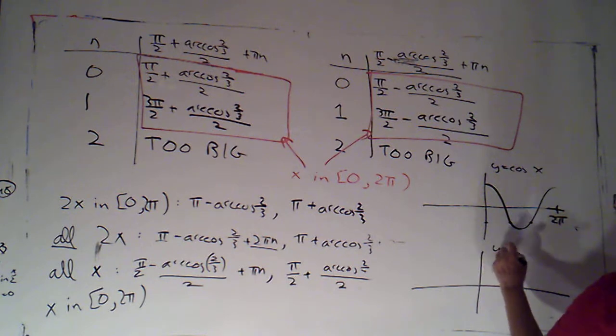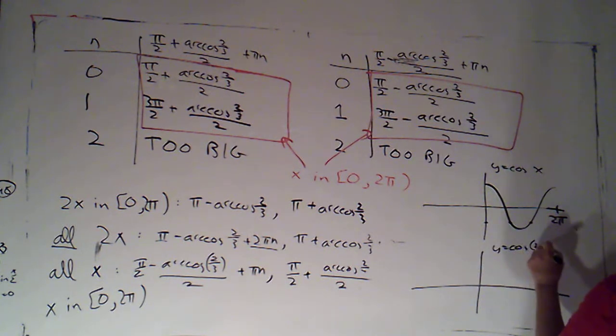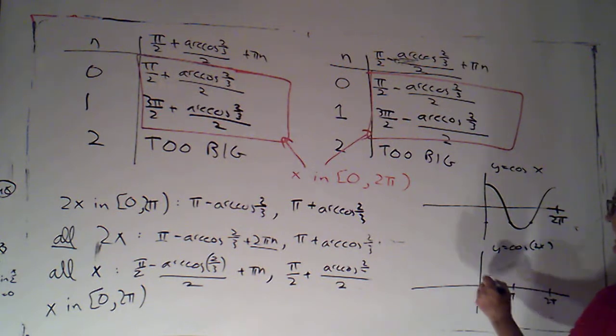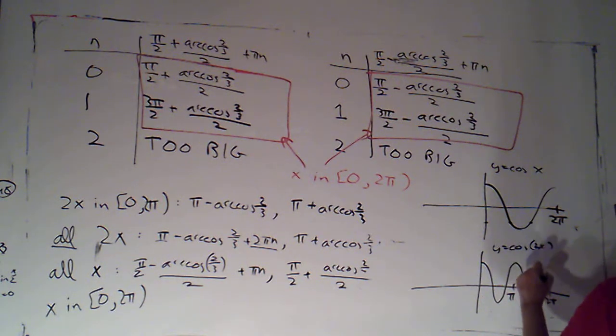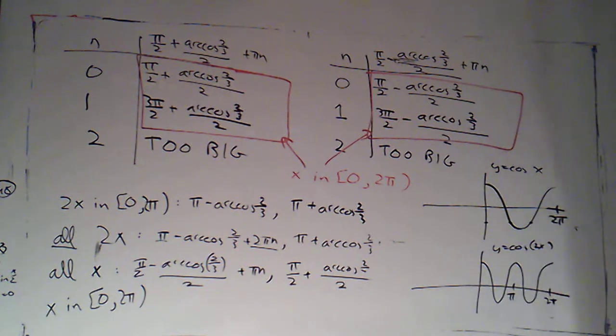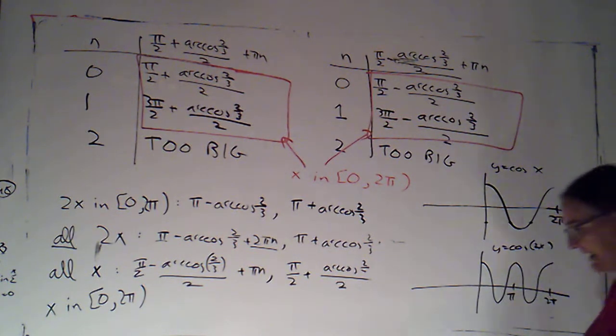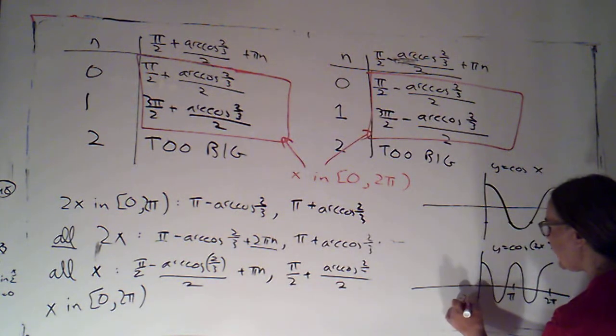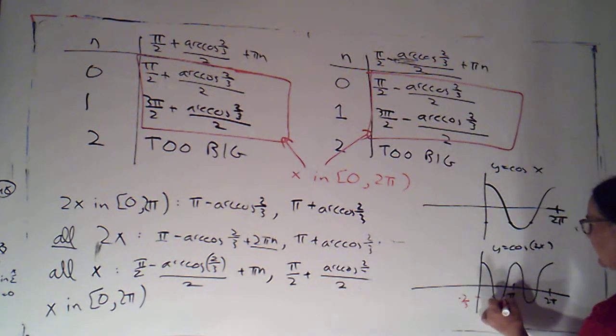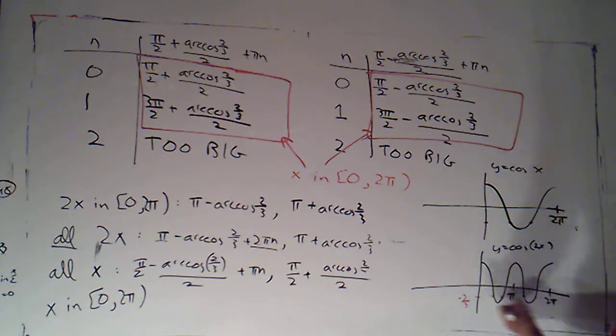But if I graph y equals cosine of 2x, that cuts the period in half. That's going to do its thing twice over the interval from 0 to 2 pi. So if we're looking for where we're down at a height of negative 2/3, here, here, here, and here, we get twice as many solutions.